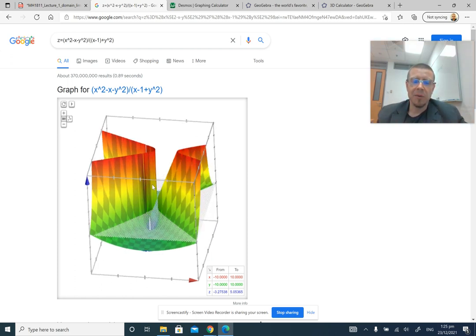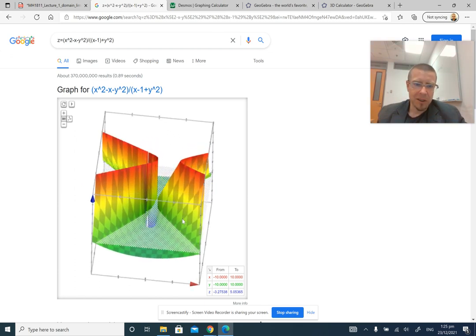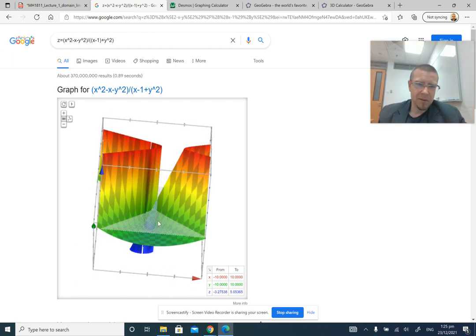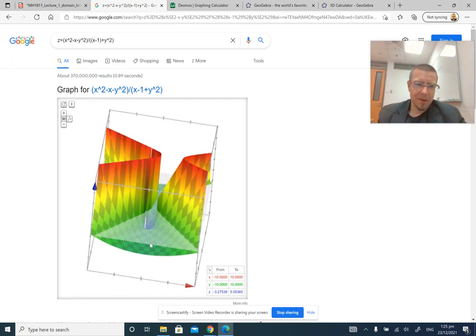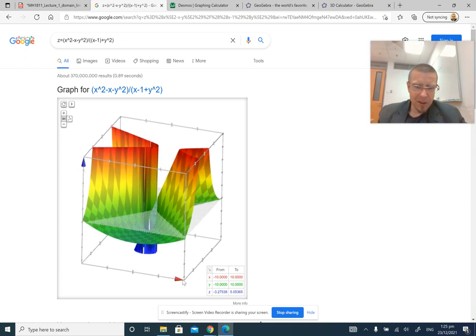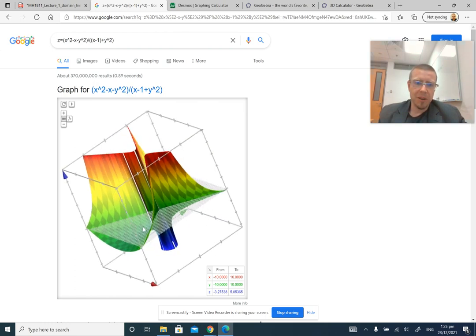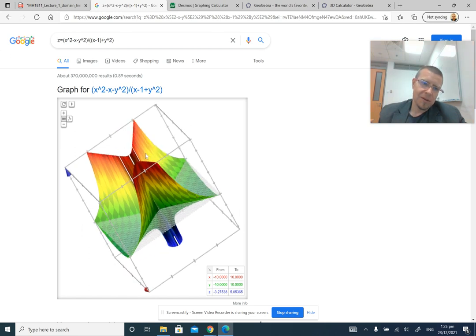At the same time, look at the limit along the path x equals 1. I guess it is a bit hard to see. The red axis is x, so x equals 1 is, I guess, this line, and y equals 0 is probably the other line.